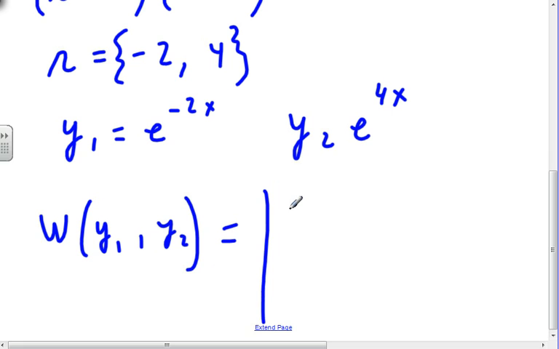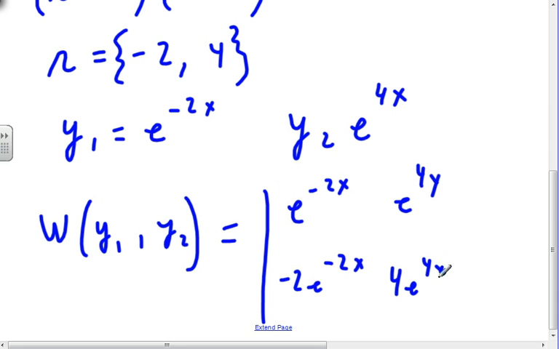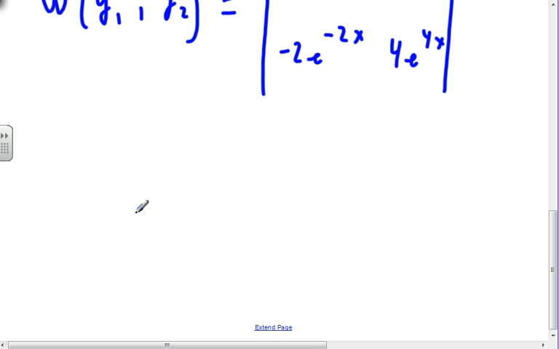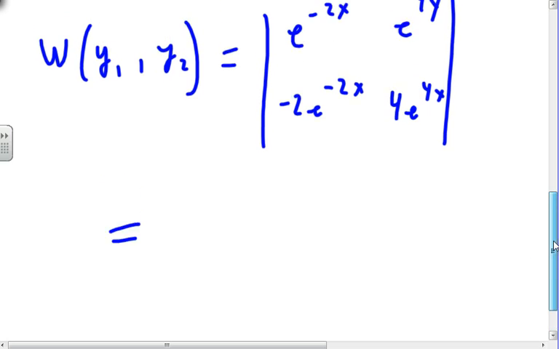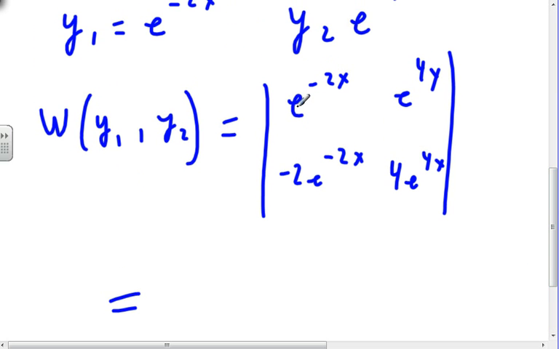Okay, so I'm going to have e to the minus 2x, minus 2 e to the minus 2x, e to the 4x, 4e to the 4x, and I'm going to have 4 e to the 2x minus minus 2 e to the 2x.